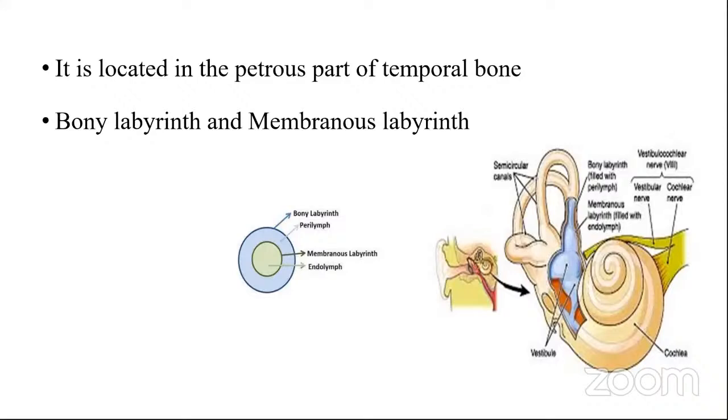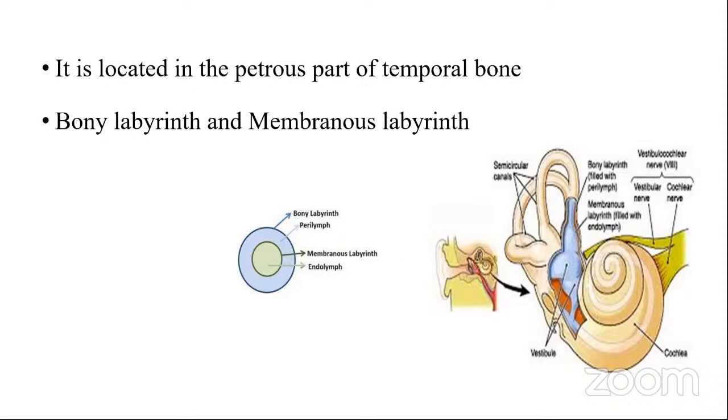So, the labyrinth is located in the petrous part of the temporal bone, and it consists of bony labyrinth and membranous labyrinth. So, in the cross section, you can see the bony labyrinth, inside that perilymph, then the membranous labyrinth. It consists of the endolymph.